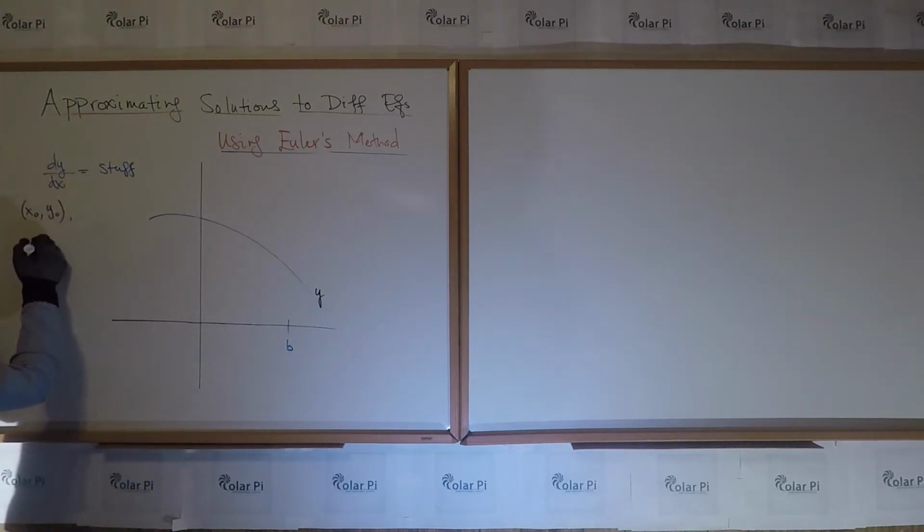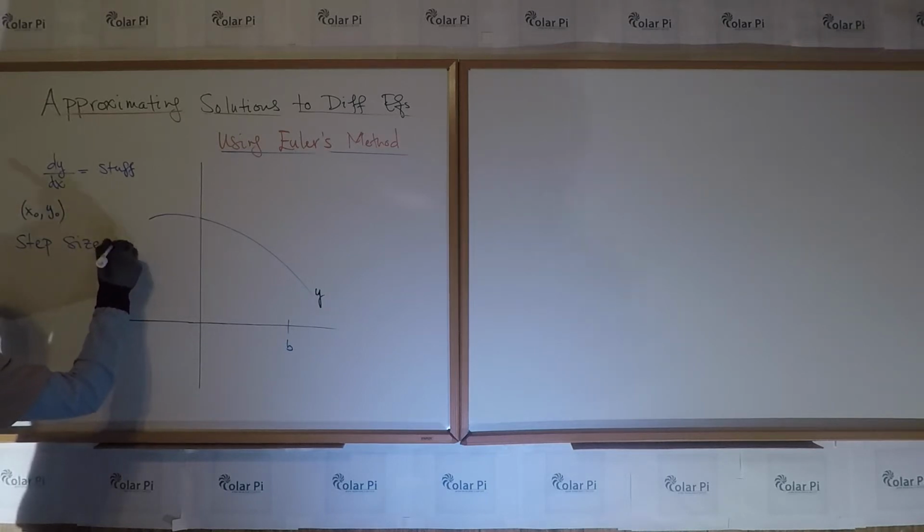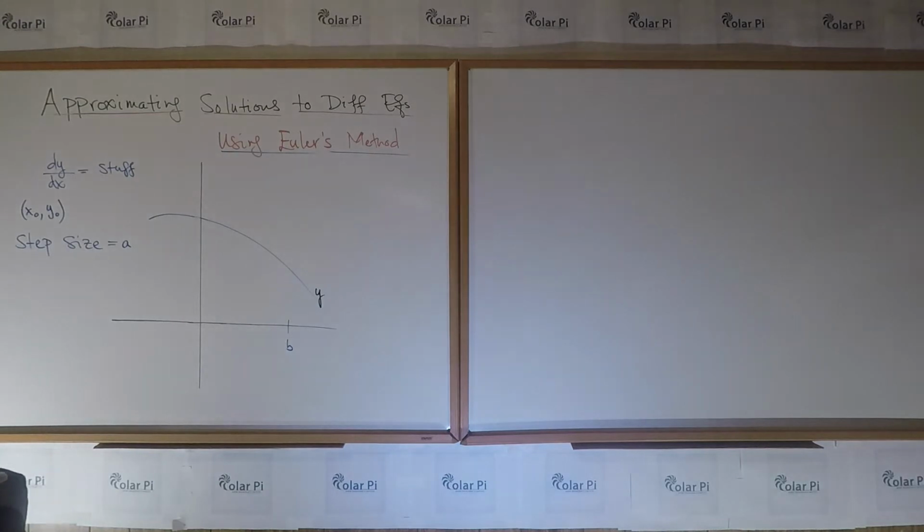I'm just going to go with step size, and in this case let's say our step size is a. So where to from here?